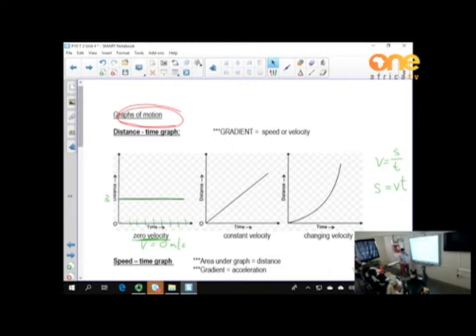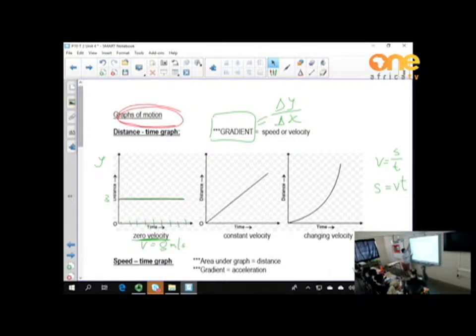Now have a look. How do we work out the gradient of a line? The gradient is change in y over change in x. Okay? Does this y-axis have a change? No. But my x does. So 0 over anything is 0.